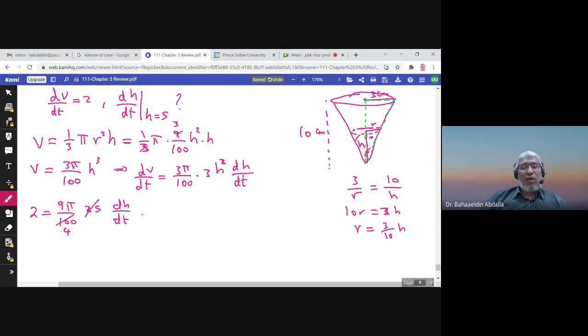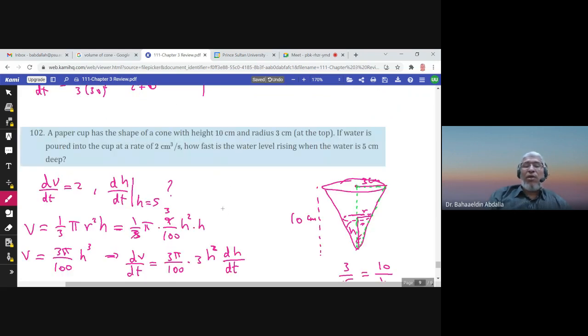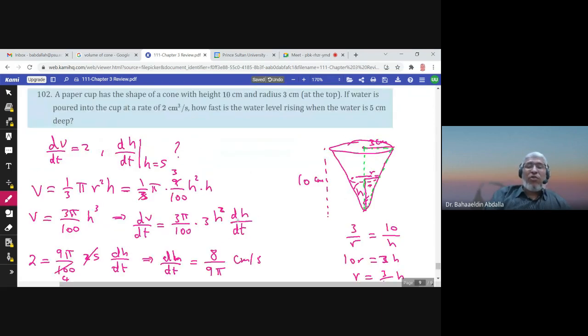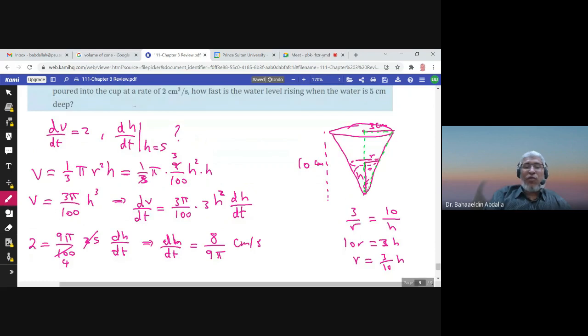So dh by dt would be equal to 4 times 2, which is 8, over 9 pi. So 8 over 9 pi centimeter per second. This is the rate of change of the height of the water.